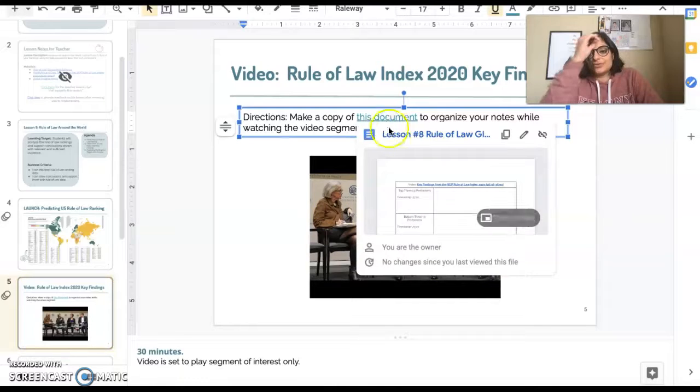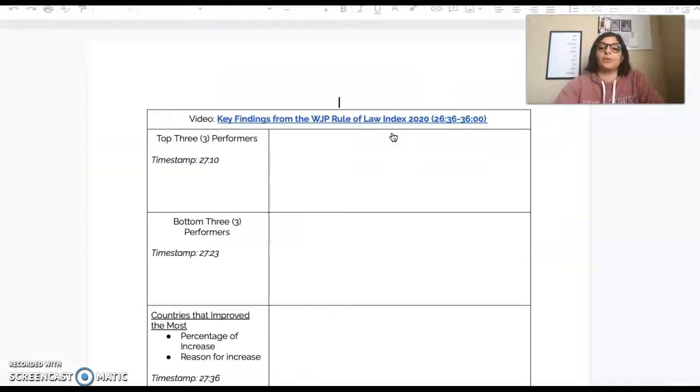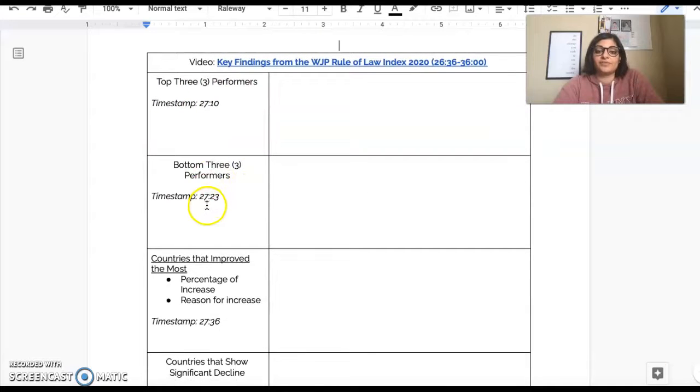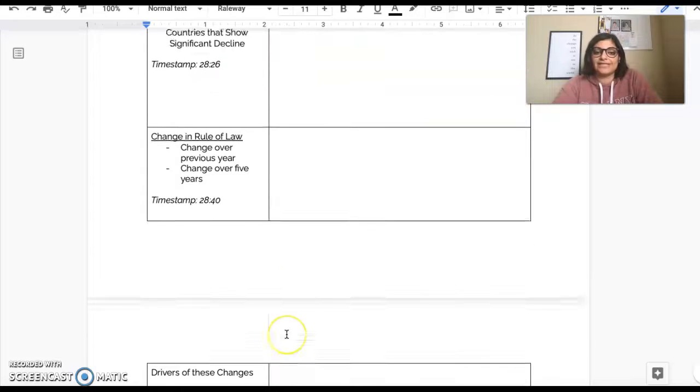Then you're asking students to make a copy of this graphic organizer to take notes. I have time stamped where the information we're looking for comes from. If you were just to show it in class, students could be attentive and notice when we're approaching these timestamps to listen for these answers.